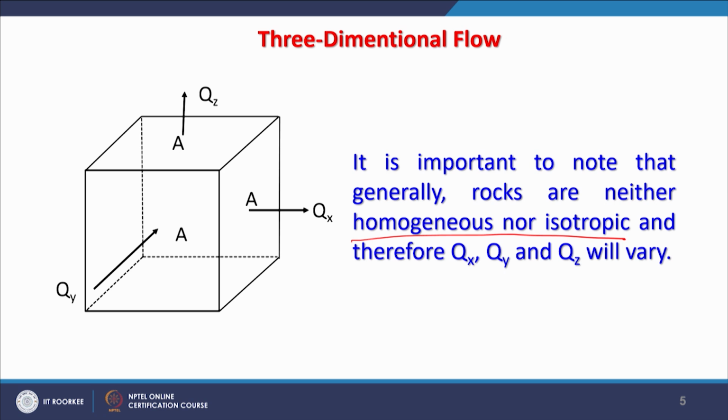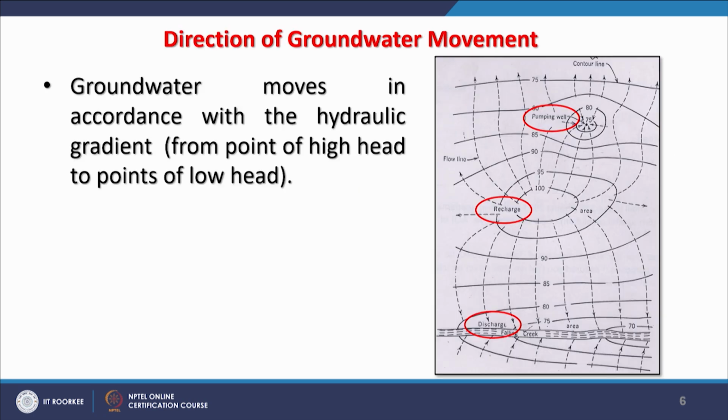They are heterogeneous and anisotropic, and therefore q_x, q_y and q_z will vary. That means the discharge from different directions is going to vary, because in all 3 directions the rocks are not going to be homogeneous or isotropic. So, how to manage this?